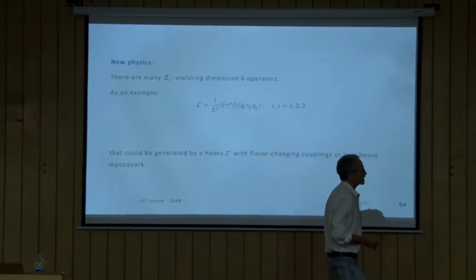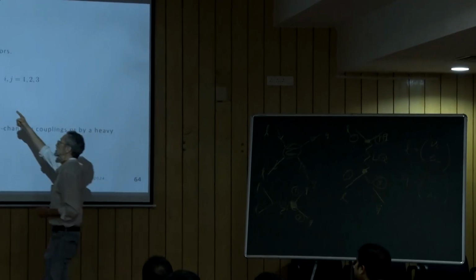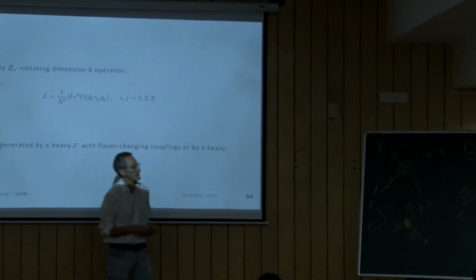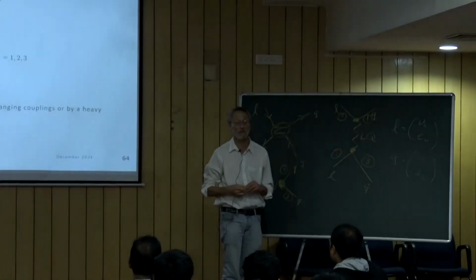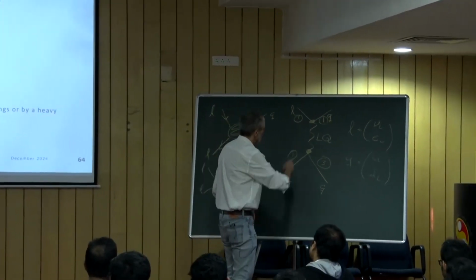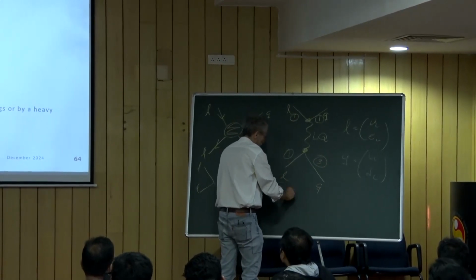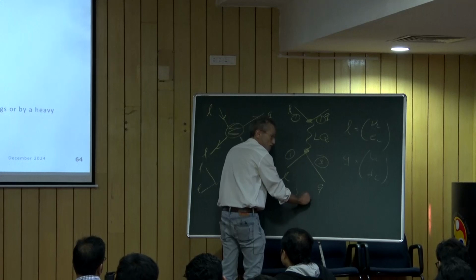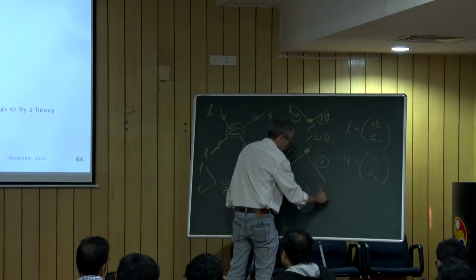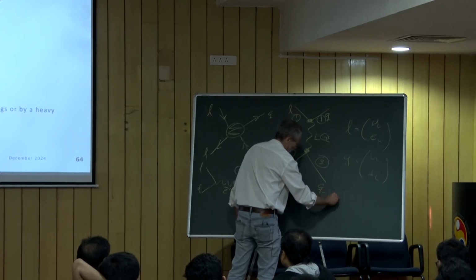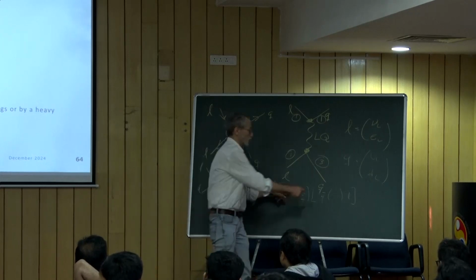In order to get this operator, this operator looks like this. From a leptoquark, you would have to use a Fierz transform. So this generates something like L bar times Q, and a Q bar something L. If the leptoquark is a scalar, this is 1.